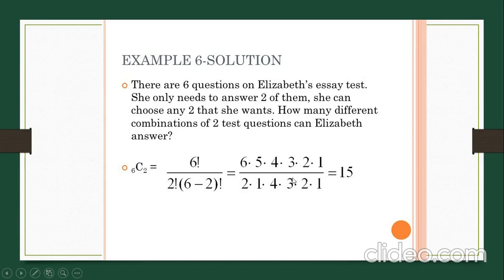So if you're going to look at it, we can cancel 4, 3, 2, and 1. So what is left is 6 and 5 in the numerator and 2 and 1 in the denominator. So 6 times 5 is 30 divided by 2, that is equal to 15. So there are 15 combinations of two test questions that Elizabeth can answer.